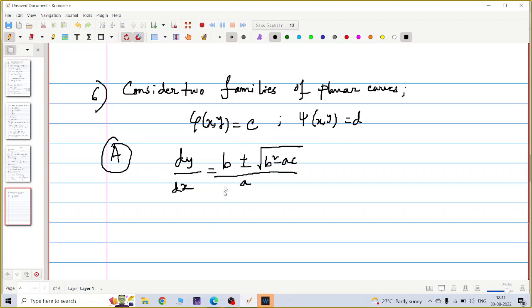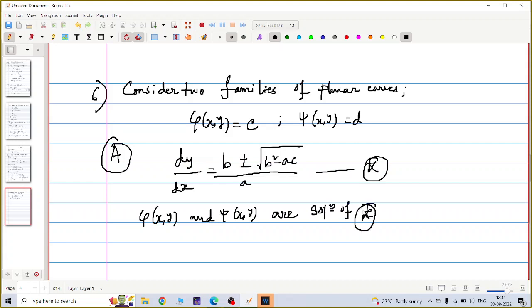So these two functions are the solution of this equation, right? Let me name this equation as star. So phi and psi are solutions of star. Is it not? Characteristic curve.